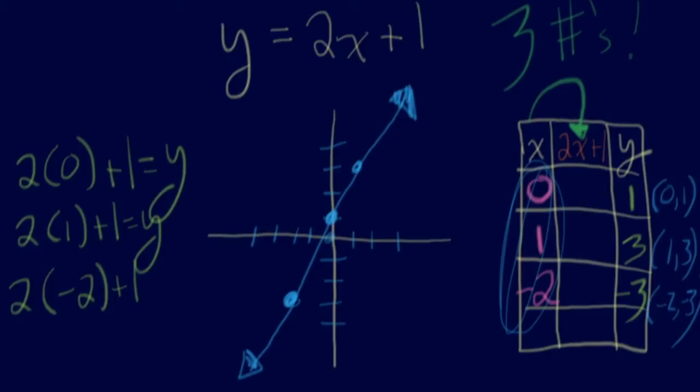Let's take a look at another one to talk about good choices, because we're all about making good choices, aren't we? So here's the equation. Y equals 1 quarter x plus 1. Sure. So there's our equation.